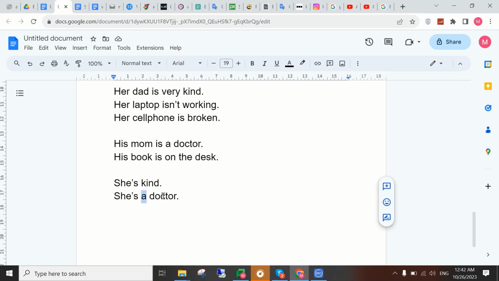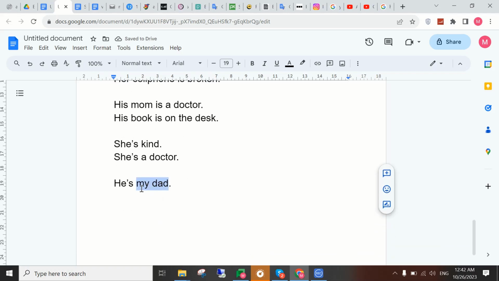Usually before the jobs, we use articles, okay? He's my dad. See, we are using a noun phrase, okay? Who is he? He's my dad, okay?